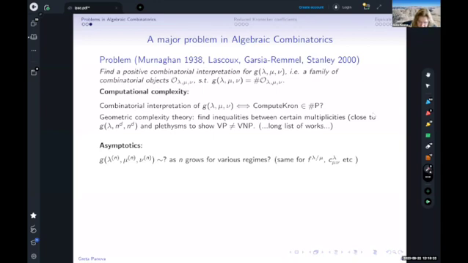This is another natural question. Of course, this is also motivated a little bit by geometric complexity theory, because as I said, we need to somehow compare coefficients and understand how large they are. Okay, so this is a general introduction on Kronecker coefficients, in which we have not even mentioned the reduced Kronecker coefficient.